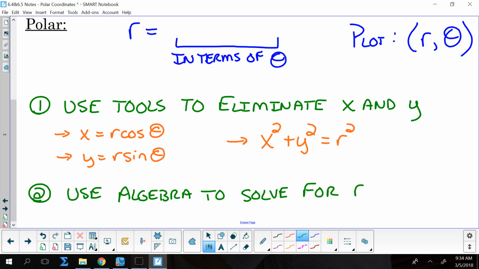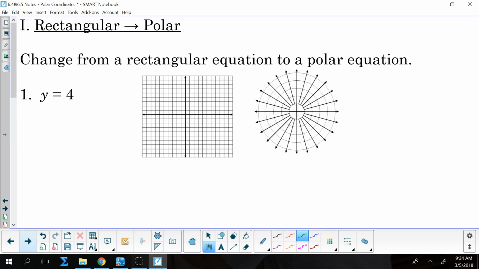So we're going to manipulate our equations using our algebraic facts and algebraic logic to get our equation down into solving for r. Okay? Let's try one. The first one that I want to try is I want to change y equals 4 into a polar equation.